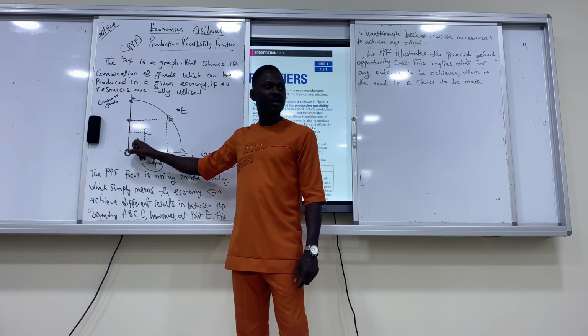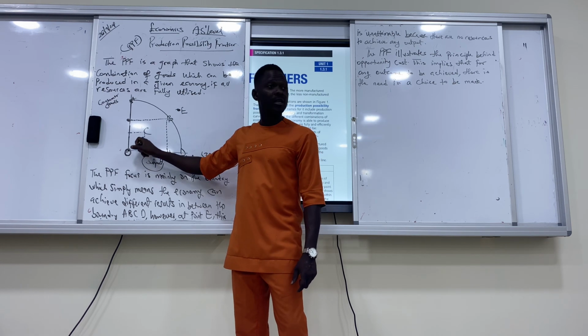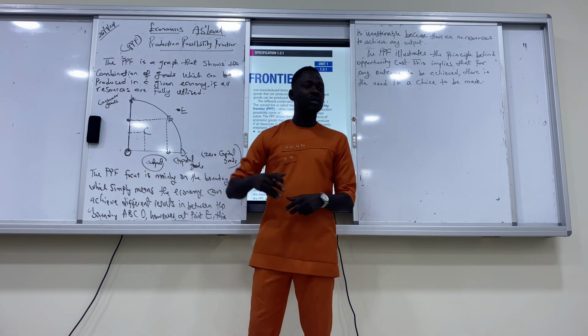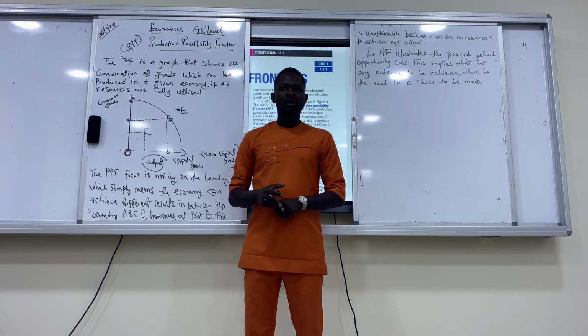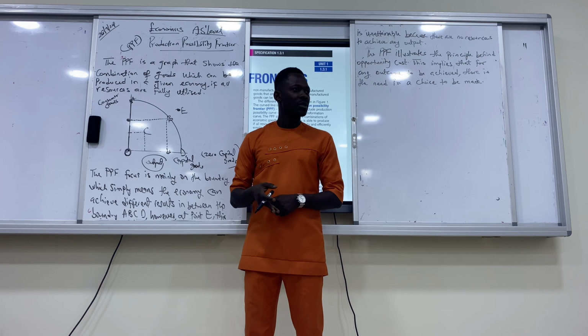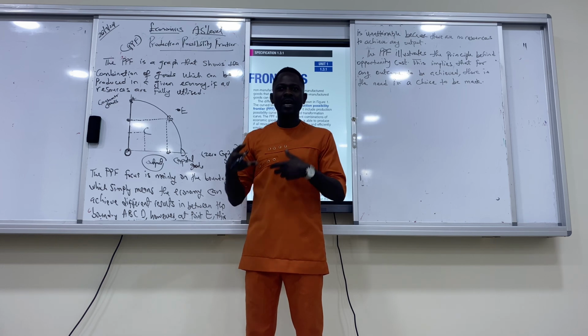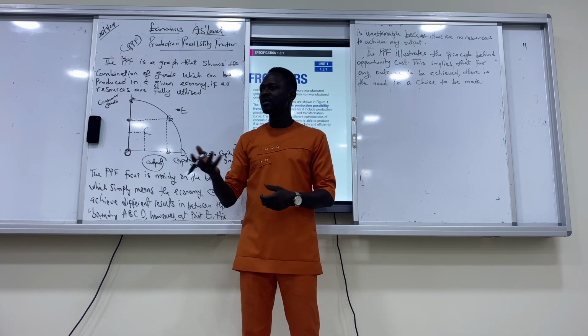It means that we're able to produce because there are enough resources. We are able to produce at point C, inside the boundary, because we have resources. Then, what's the implication of having the resources?